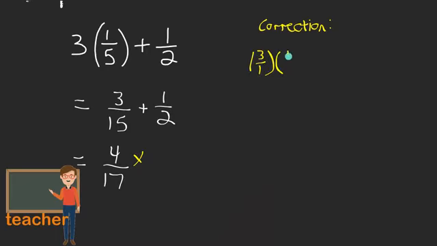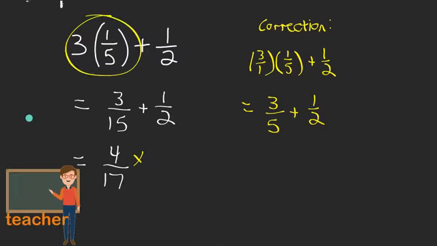So that 3, think of it as 3 over 1. So I've got 3 over 1 times 1 over 5. When multiplying fractions, you multiply the numerators, 3 times 1 is 3, and multiply the denominators, 1 times 5 is 5. So the correct product of the first two is 3 over 5. The 3 just gets multiplied by the numerator.